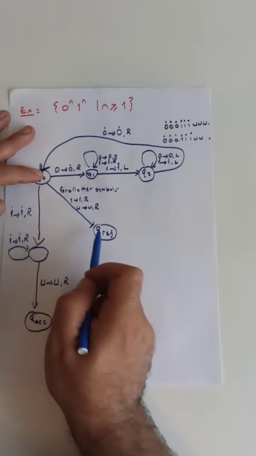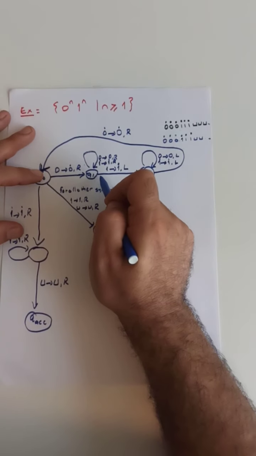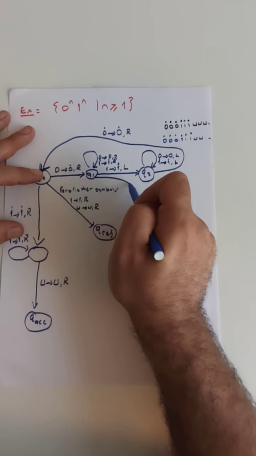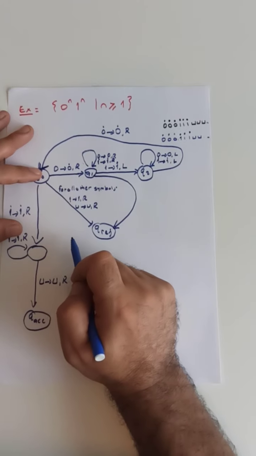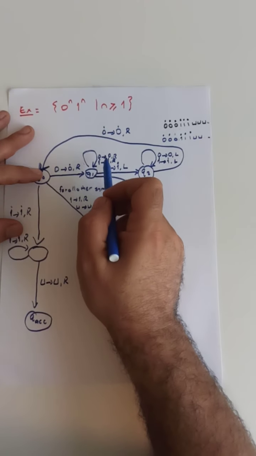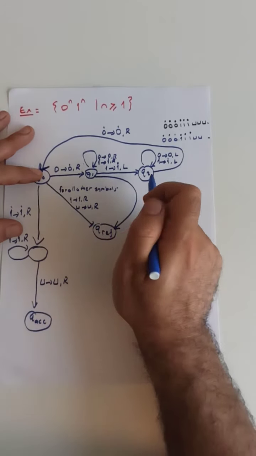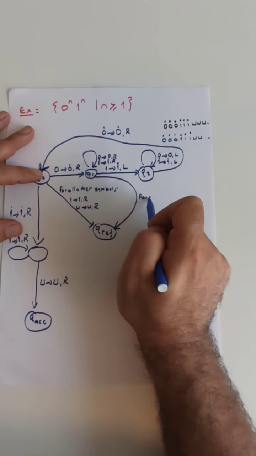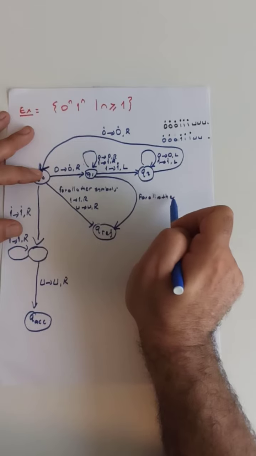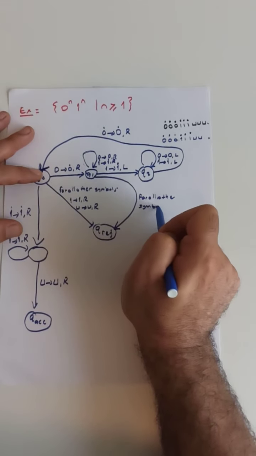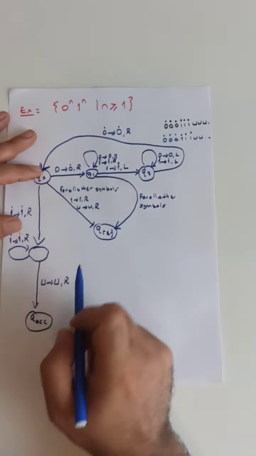Or if you encounter a 0 dot, do the same thing. We can repeat this for Q1 as well. If at Q1 we don't encounter a 1 or 0 or 1 dot, for all other symbols, we can just go to the rejecting state.